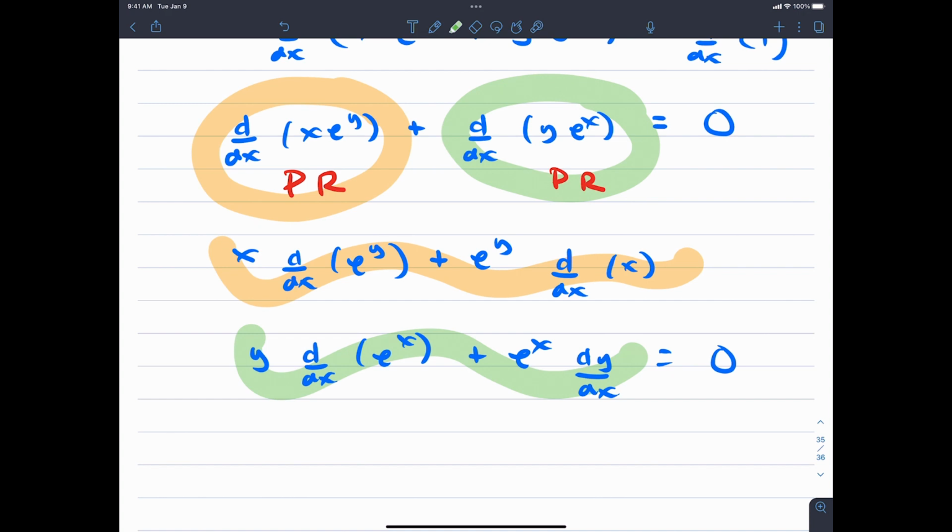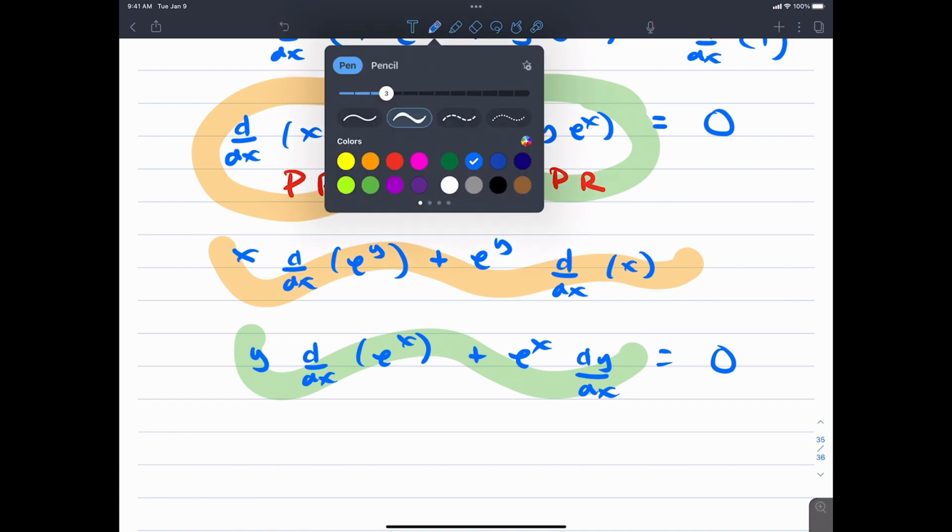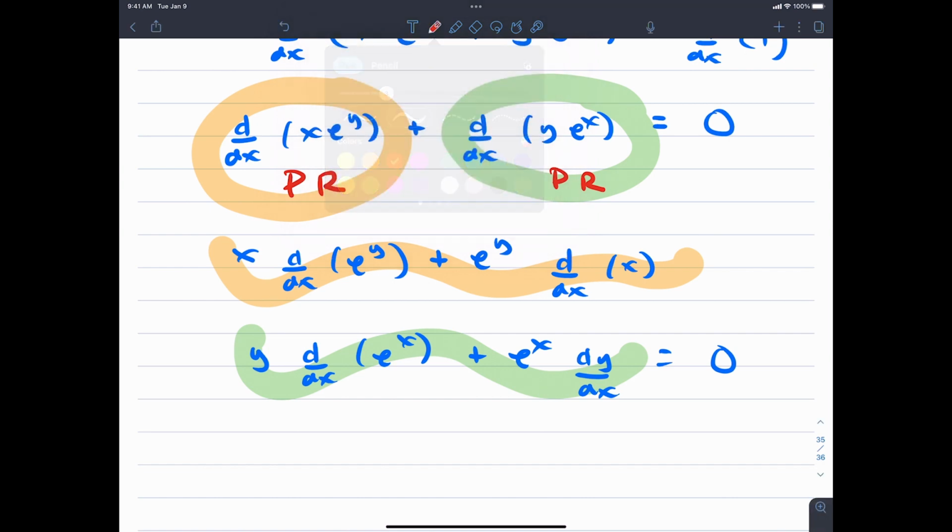We're going to have to do some derivatives, and some of these things are easy. What's the derivative of x? 1. What's the derivative of e to the x? And then this is dy/dx. You guys know what that is? That's just y prime.